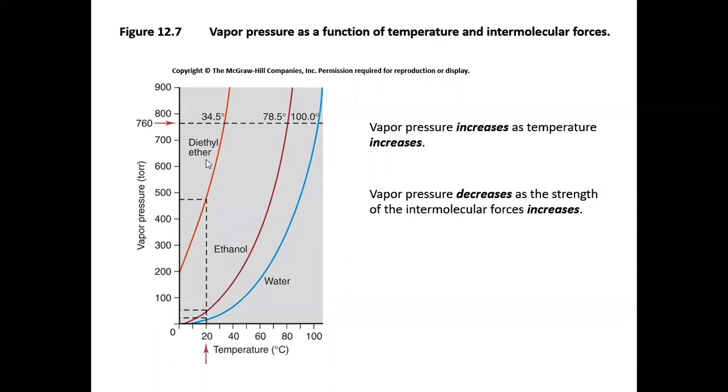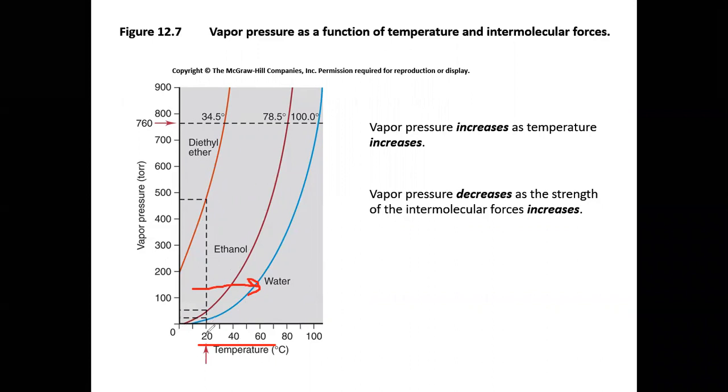So here we have three different substances: diethyl ether, ethanol, and water. And as we go left to right, the difference in the substances is that they have stronger attractive forces. And so you notice that at different temperatures, each substance has a different vapor pressure. But as we increase temperature, we see an increase in vapor pressure.